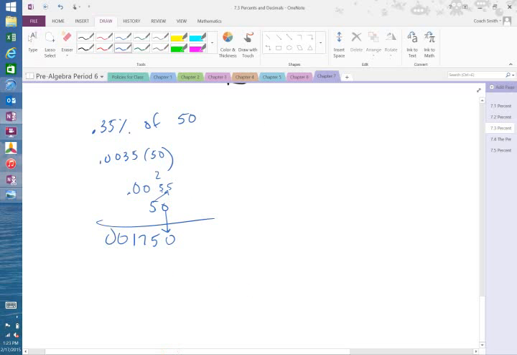And I can put the other 2 zeros out there. You don't really need them. But I have 4 decimal places. So once, twice, 3 times, 4 times. So 0.1750 or 0.175.